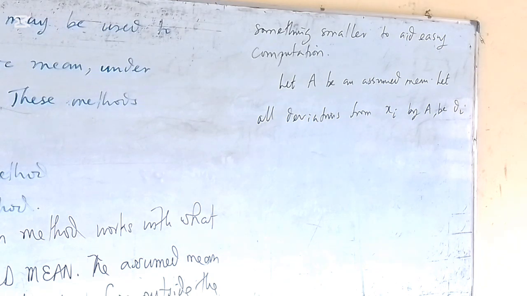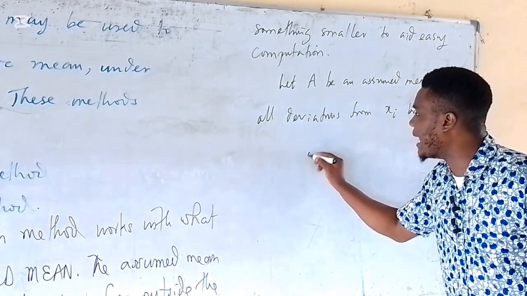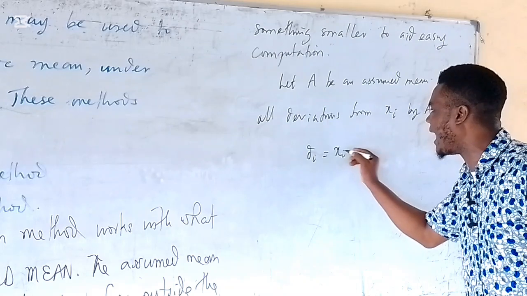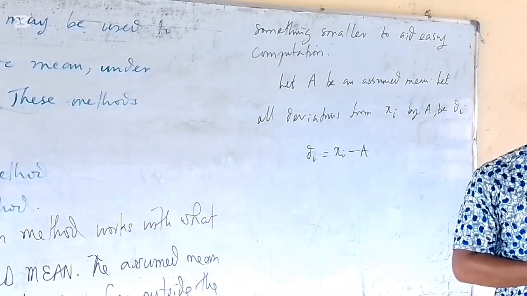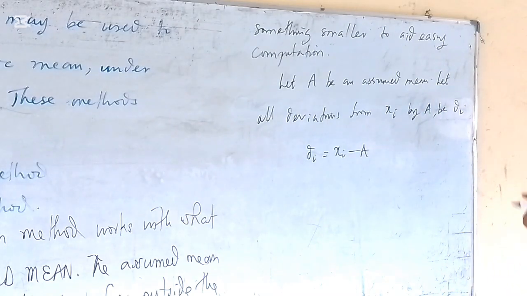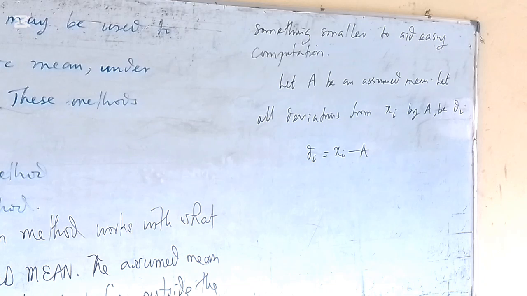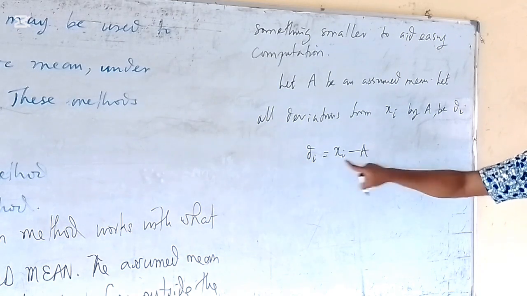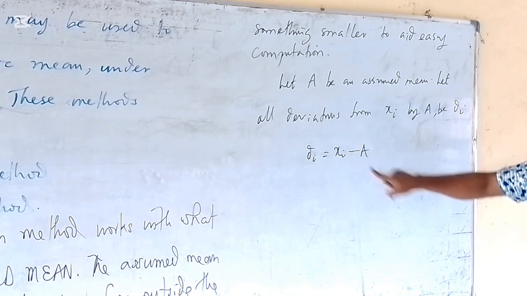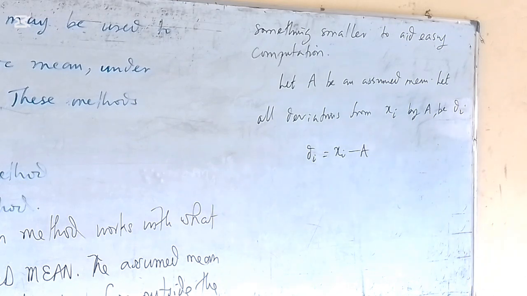There will be gaps between each of us and the guy, you know so? Now, the gaps will be changing, meaning that Di will be equal to Xi minus A. Do you understand me? Di will be what? Xi minus A. Again, Di is changing because the gap between that guy and each of us, we are the Xi's. The guy we have chosen, that guy is the A. This is the gap. So the gaps are changing, we are changing, but one thing remains constant. The person we chose is just one person.